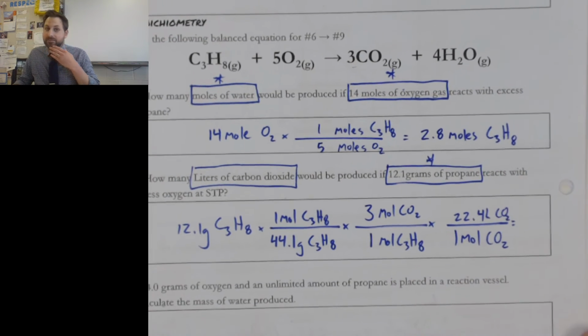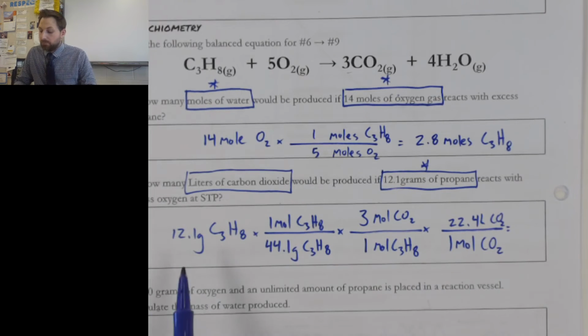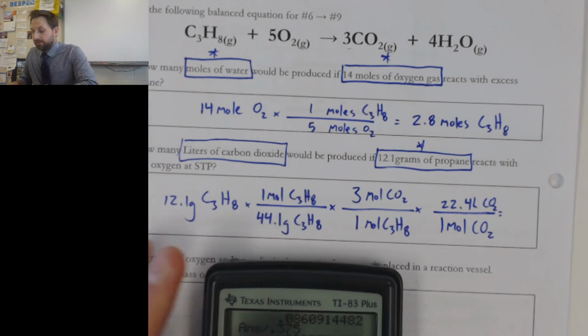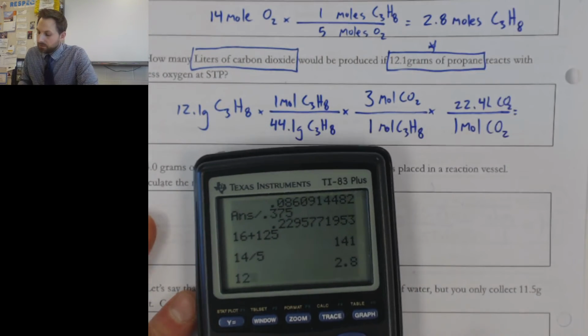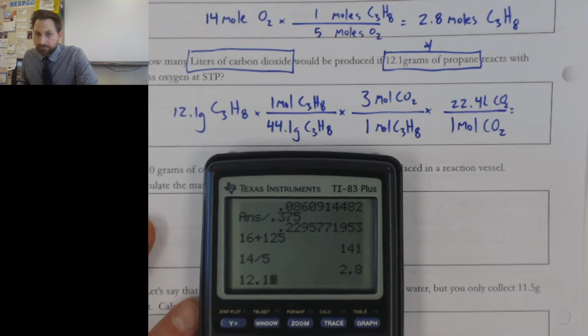So as I do this problem then, I'm just going to multiply across the top, divide by the bottom. This is what it's going to look like on my calculator. So 12.1 times 3 times 22.4 divided by 44.1.